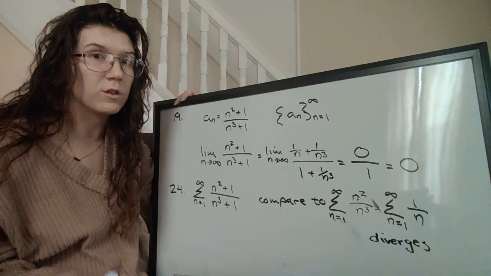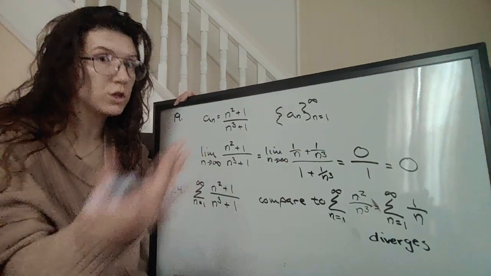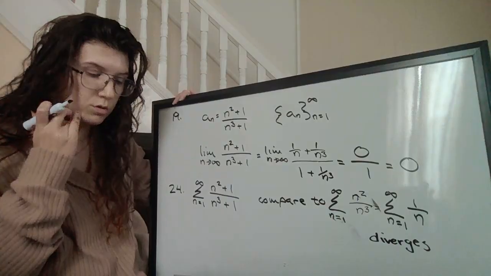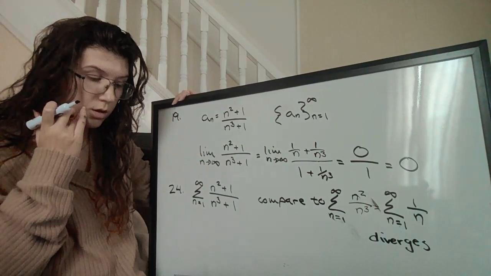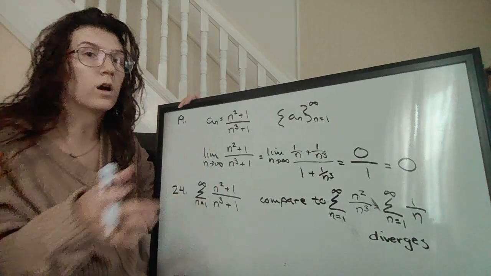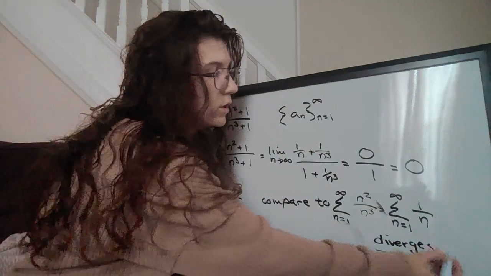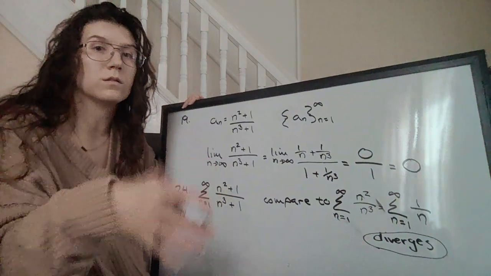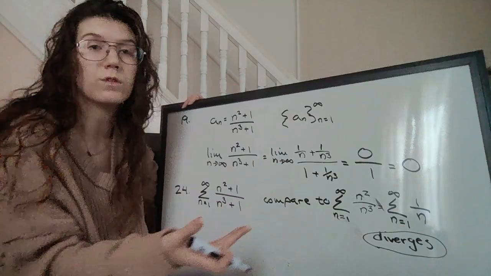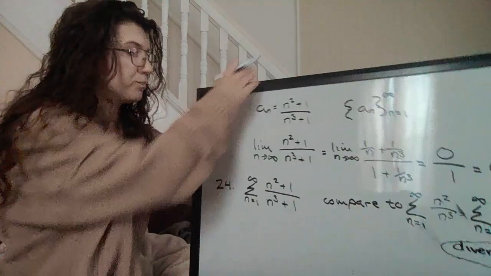And if the limit of the ratio of these two guys goes to 1, then they either both diverge or converge. And since we know that this one diverges, if we get a limit of 1 as the ratio of these, then we know that they both diverge.